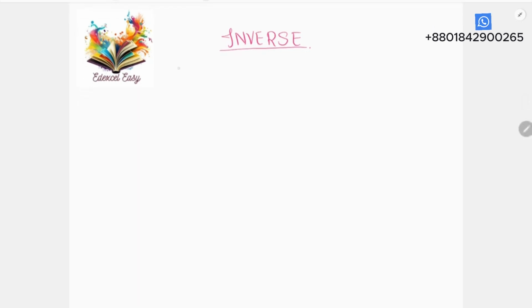Okay, so for the inverse function, they would usually ask you questions like this. Question 1, they would give you a random equation and ask you to find f power minus 1 of x, which means they're asking you to find the inverse.